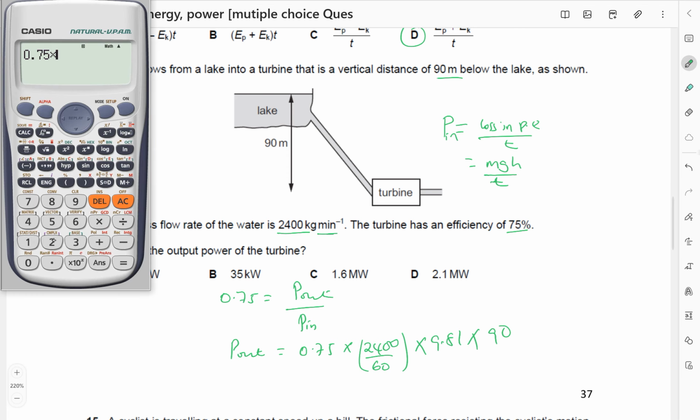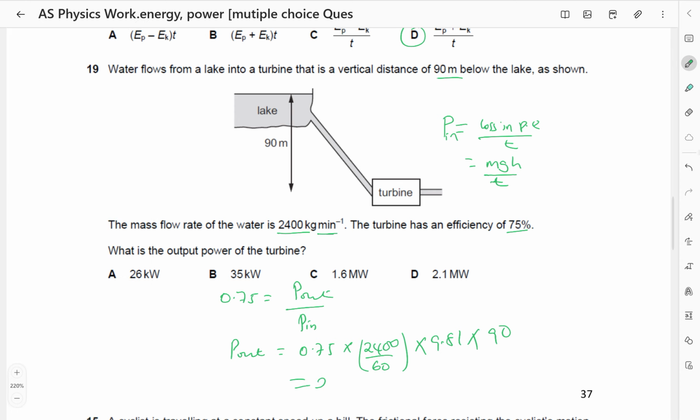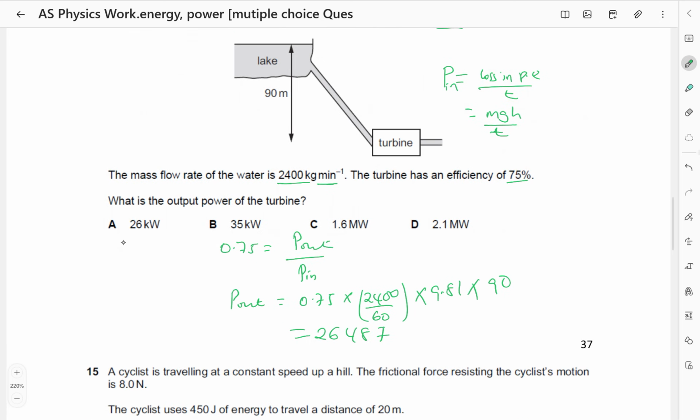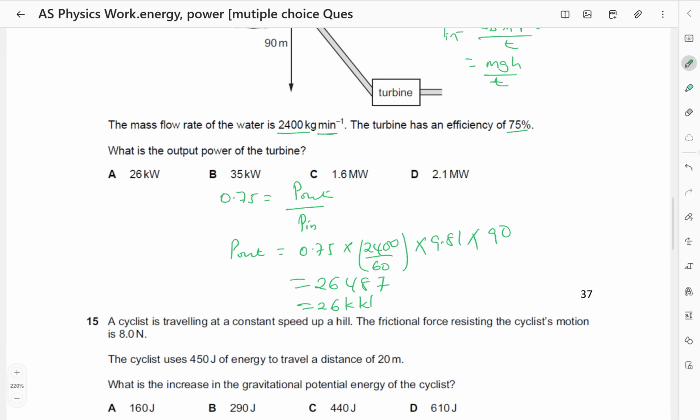So 0.75 times 2,400 times 9.81 times 90 divided by 60 gives us 26487, and when we change it to kilowatts, it becomes 26 kilowatts. So the answer is going to be A.